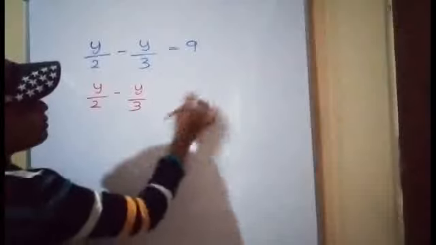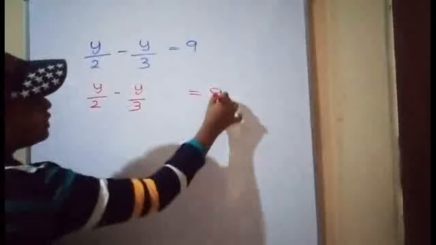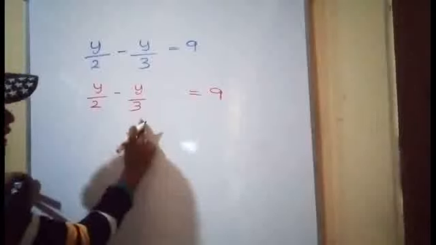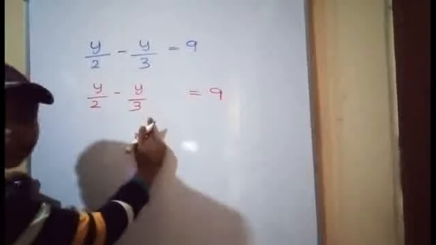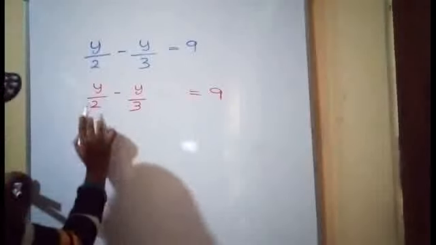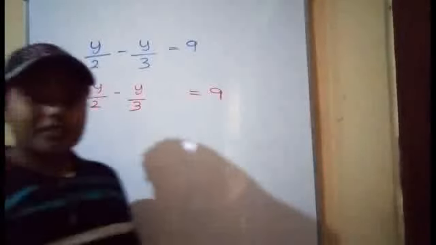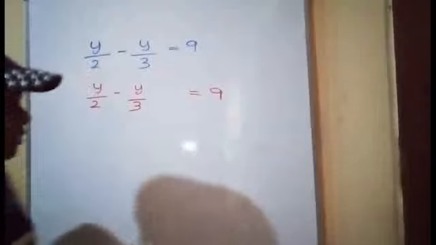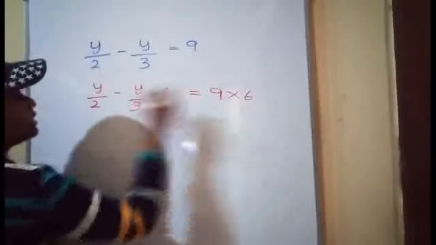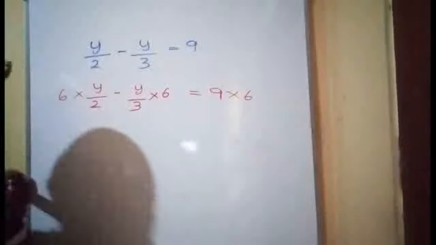But what is the trouble that we have? The denominators are different. There are 2, there are 3. If there comes 2, we can very easily multiply both by 2. But there have 2 and 3. What should we do? Find the highest common factor of it. What is the common multiple? 6. So both sides multiply by 6.